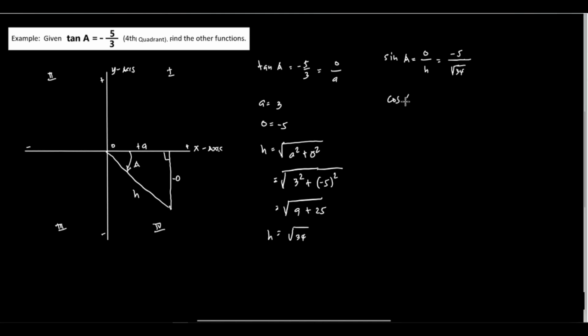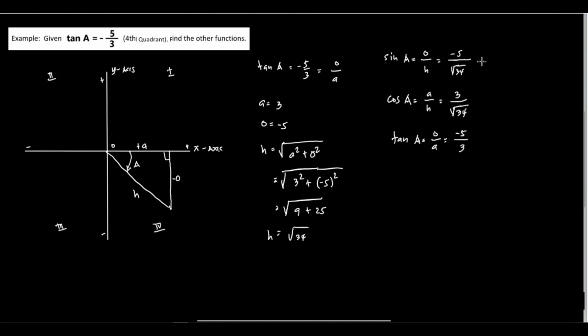Next we have cosine A, that's adjacent over H, and A, that's 3, and H is square root of 34. Next we have tangent A, that's opposite over adjacent, and that's the given. So O is -5 all over A, that's 3.